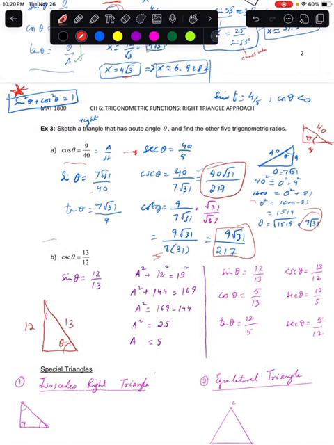And so now by using the Pythagorean theorem, I find A, the adjacent, which comes out to be 5. So I put A here, and then we have that A is equal to 5.